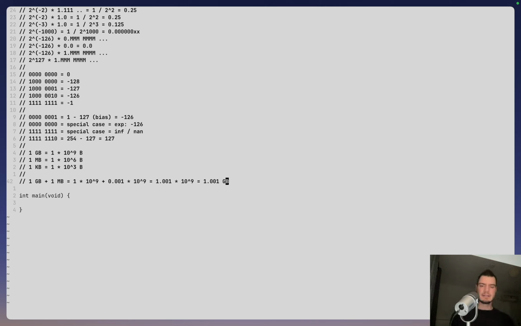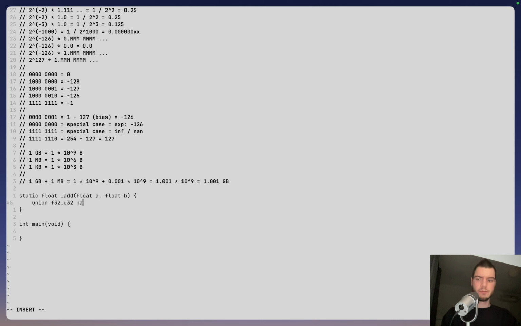All right. I think this is actually enough to be able to implement addition for floating point numbers. So let's try to do that. Let's create a function. Just going to call it add. It's going to get two floating point numbers. And first thing, we're going to convert that to our union type.